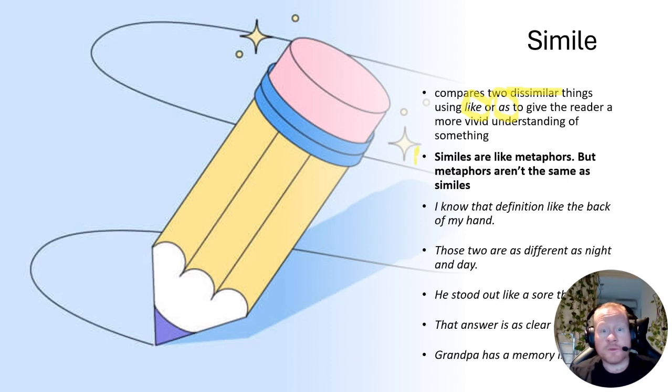Similes are like metaphors, but metaphors aren't the same as similes. We're going to talk about metaphors soon. It's basically a simple comparison, and to identify it, look for like or as. For example, "I know that definition like the back of my hand." "Those two are as different as night and day." So two examples here of similes.